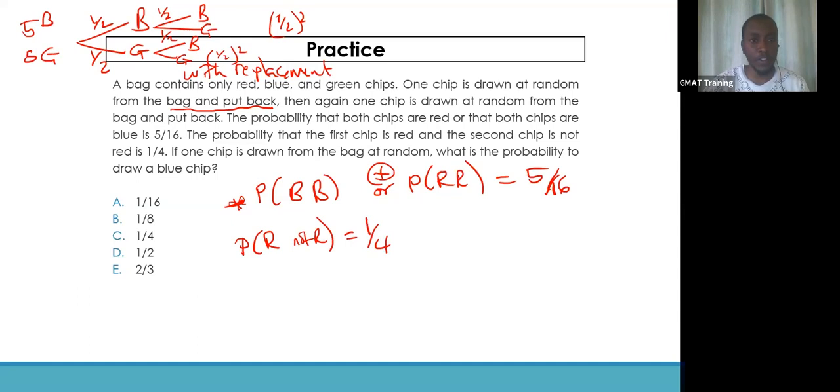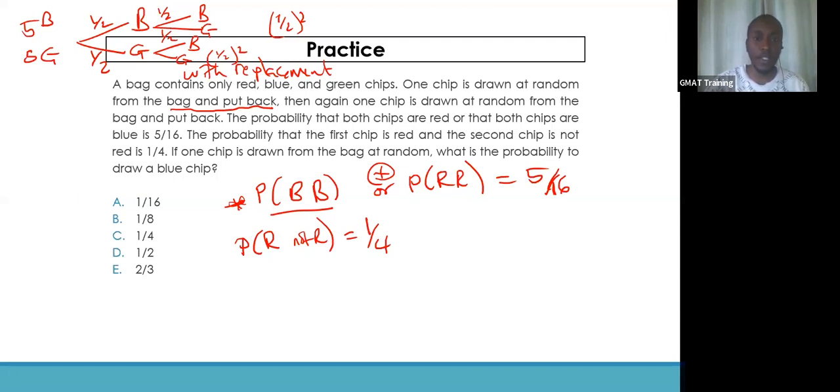So let's look at this first statement here. Okay, let's look at the first one. The question: if one chip is drawn from the bag at random, what is the probability that you draw a blue chip? Now, if you have probability of picking 2 blue chips or 2 red chips, then you have 5 over 16.